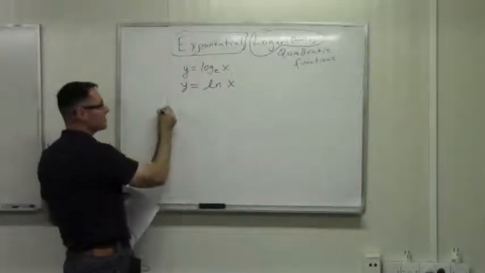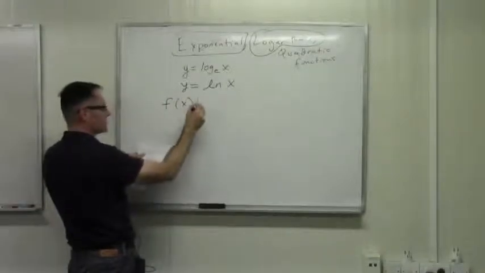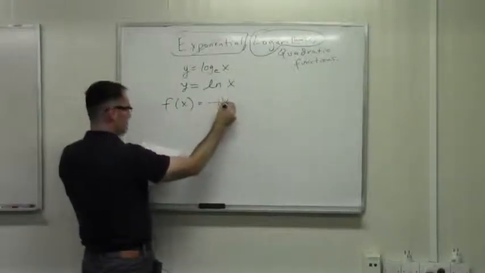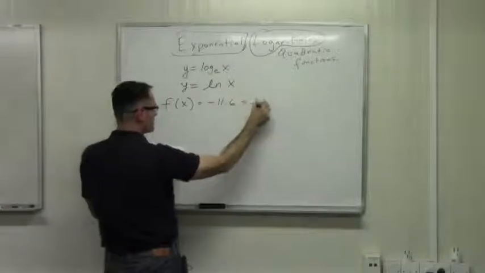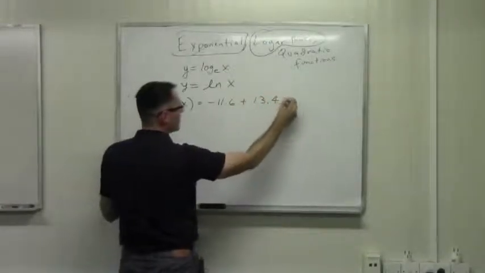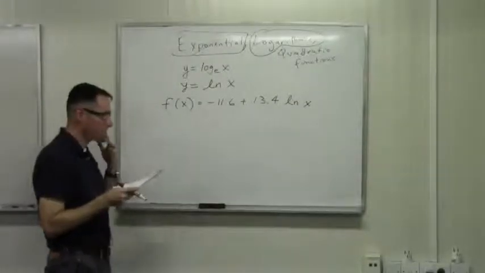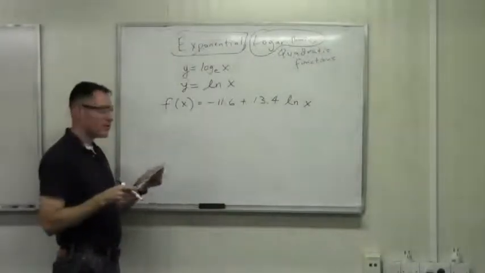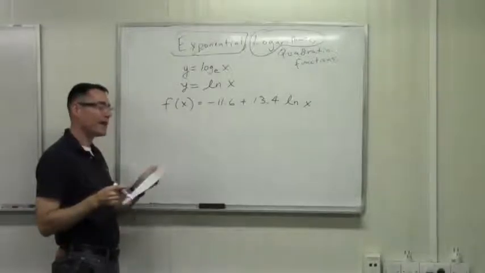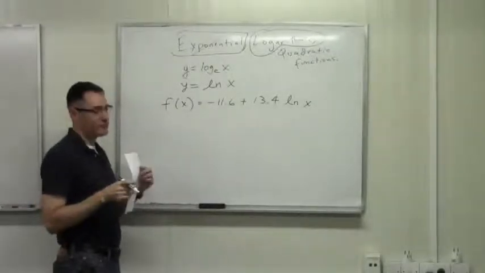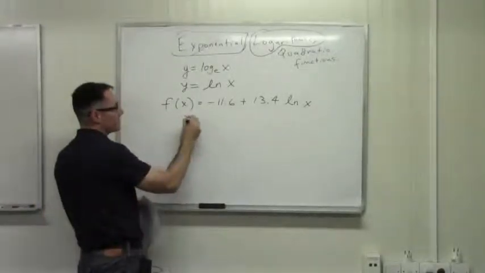So there's a function f of x equals -11.6 plus 13.4 times the natural logarithm of x. This models the temperature increase in a closed car after x minutes.